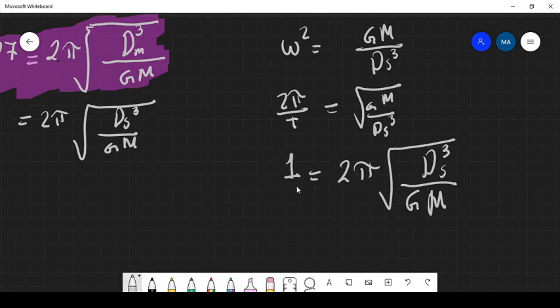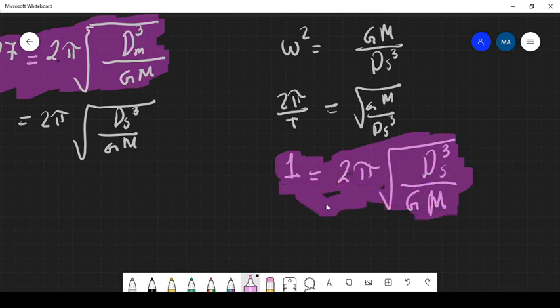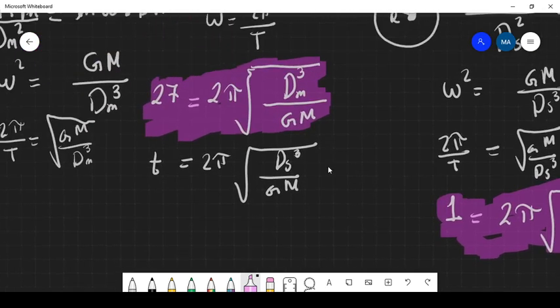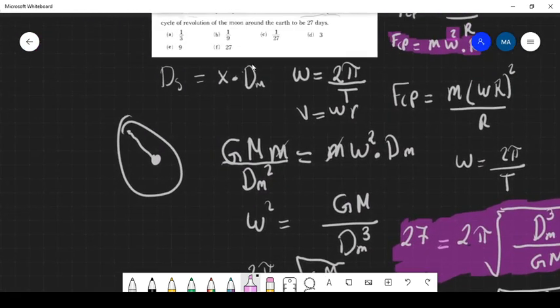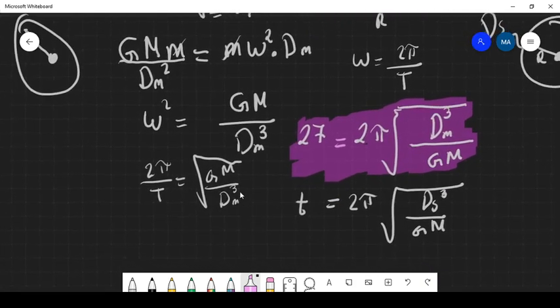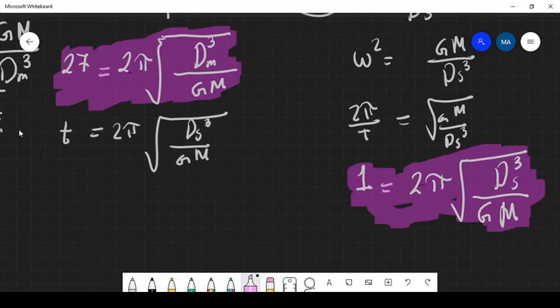So now we have these two formulas over here. The only things we don't know in these formulas are the relationship that he wants from us. He wants from us what? The relationship between the distance to the moon and the distance to the satellite. So let's use this formula 1 and this is 2.